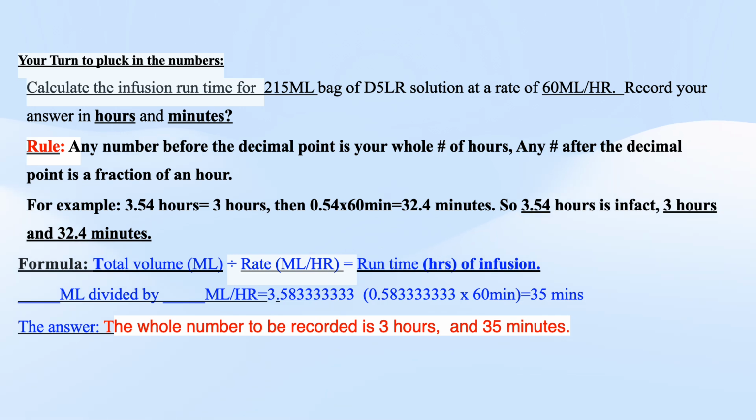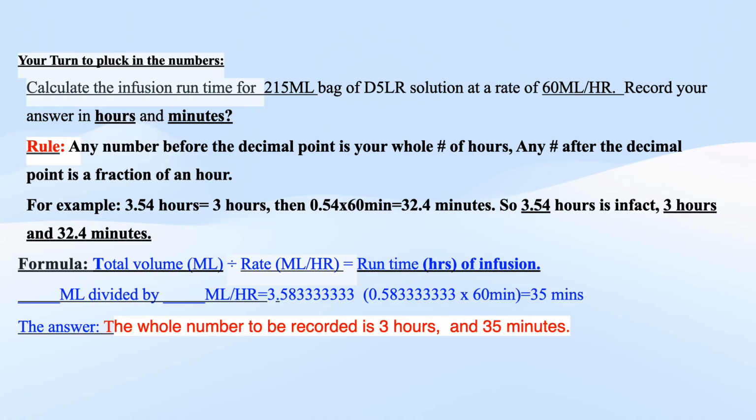We need to solve that fraction: take that number on your calculator and multiply it by 60 minutes to give you the exact minutes out of the hour.